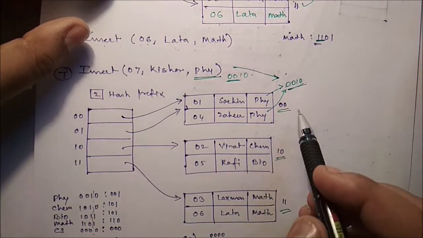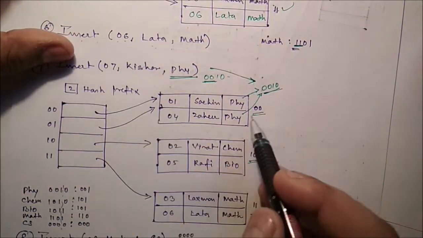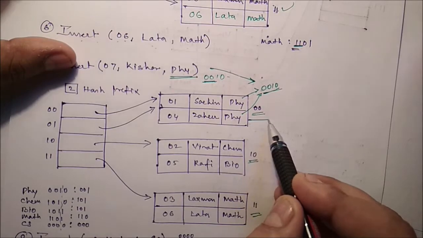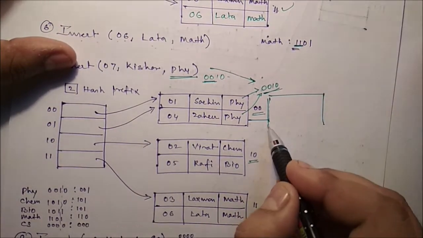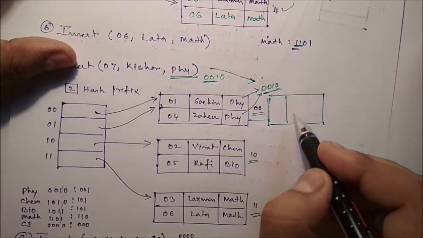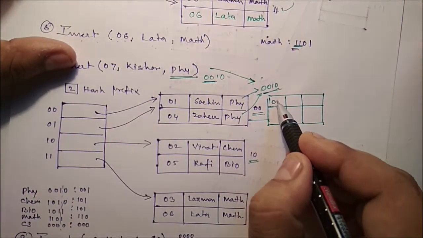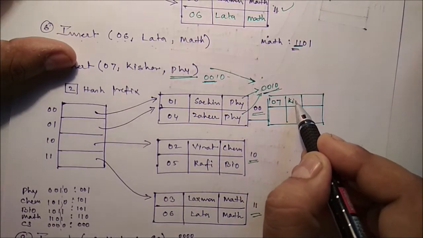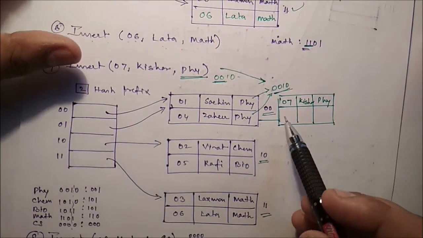So if that is the case, what you can do is, for 0 0, just see if it is full or not. Now if it is full, then we can add one more bucket here dynamically, where we insert the new data, roll number 7 Kishore, and physics.